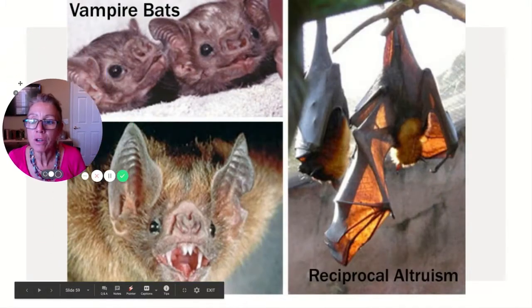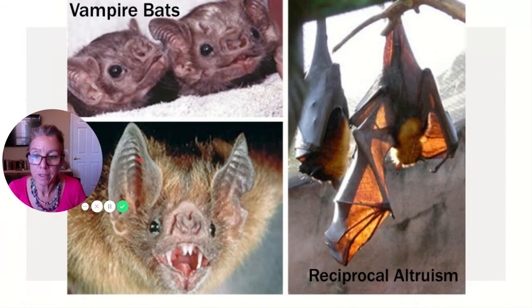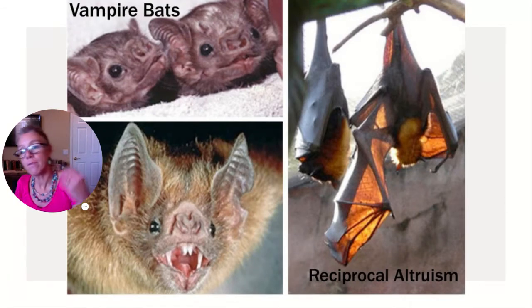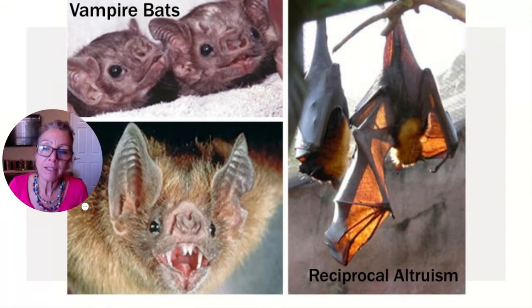Now, there is something called reciprocal altruism. Okay. Now, in reciprocal altruism, I really wish they wouldn't use the word altruism because it's not truly altruistic. Because in reciprocal altruism, this is back to the I'll scratch your back if you scratch mine. Vampire bats, they live in caves. At night, they go out and attack an herbivore, like get on its back.